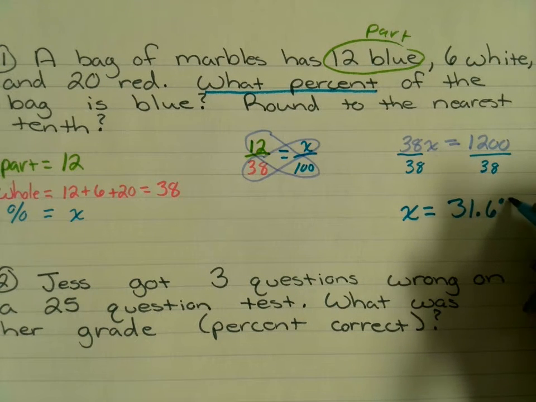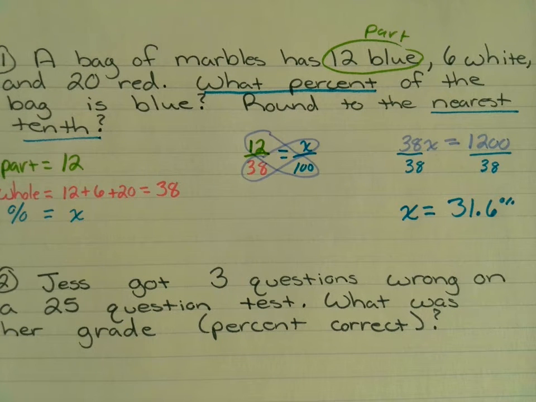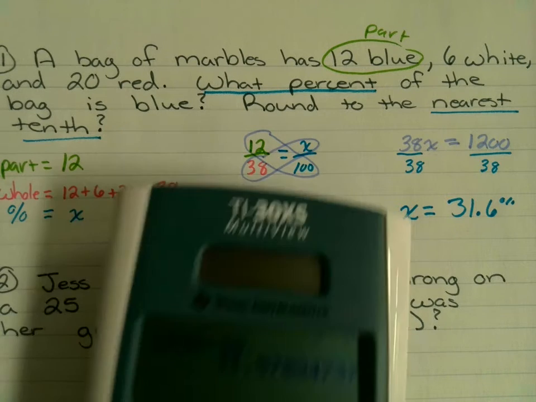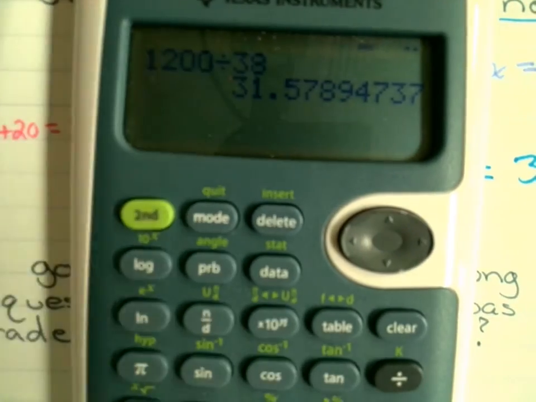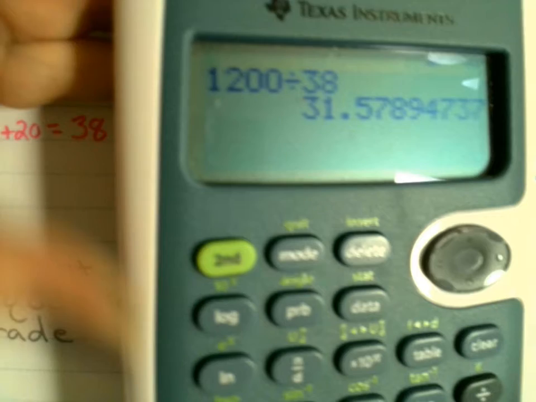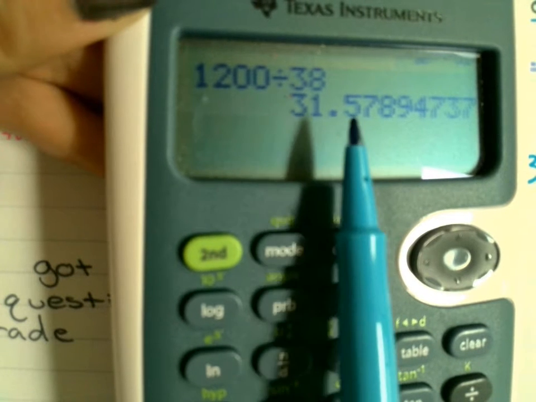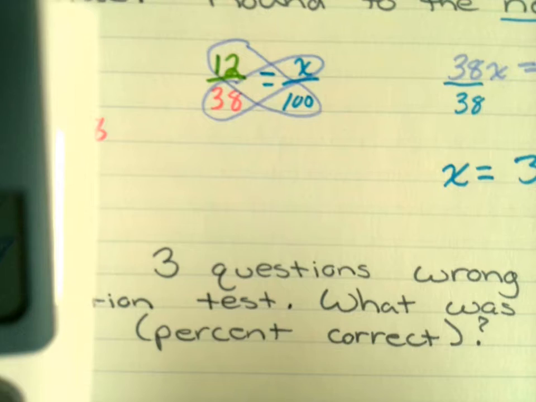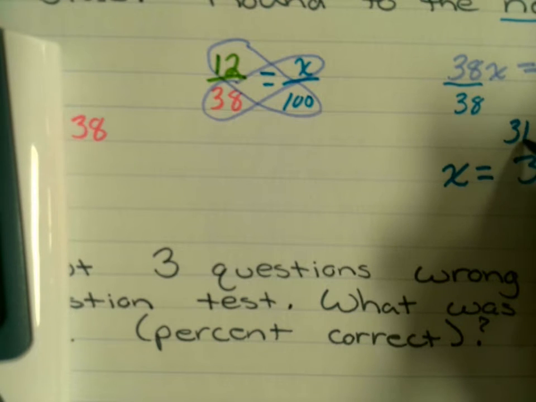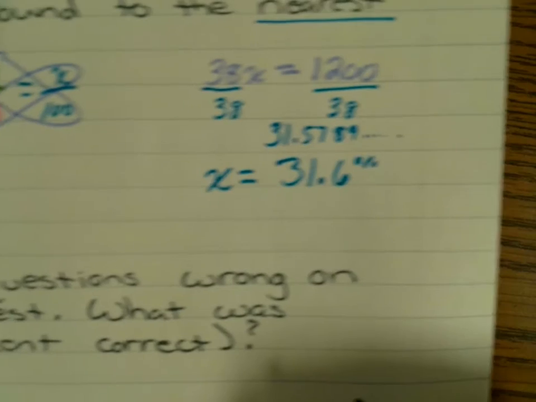Because notice it does say to round to the nearest tenth. The nearest tenth means 1 decimal place. If we actually were to do our division, 1,200 divided by 38 is going to come out to 31.57894, and it just keeps going on and on, right?